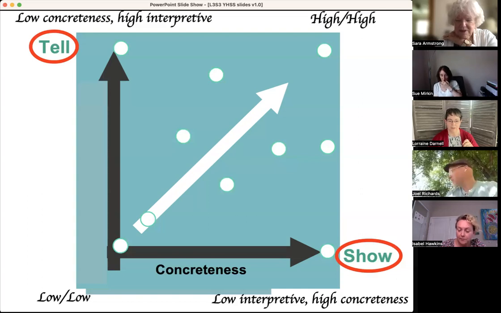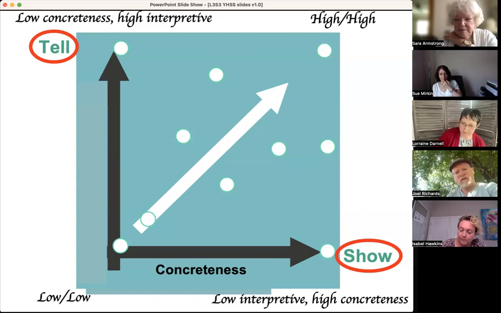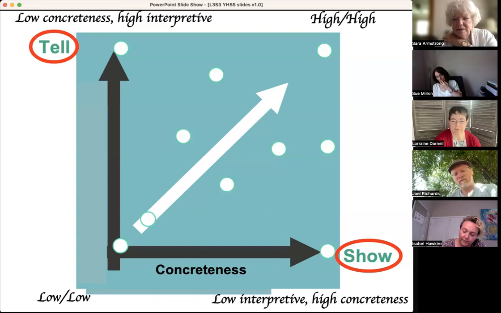No. Interpretive means beyond what it says. "She climbed" is pretty much a physical statement. If you said "she struggled up," we get the physical, but we also get an interpretation of what it was like. So not so interpretive.